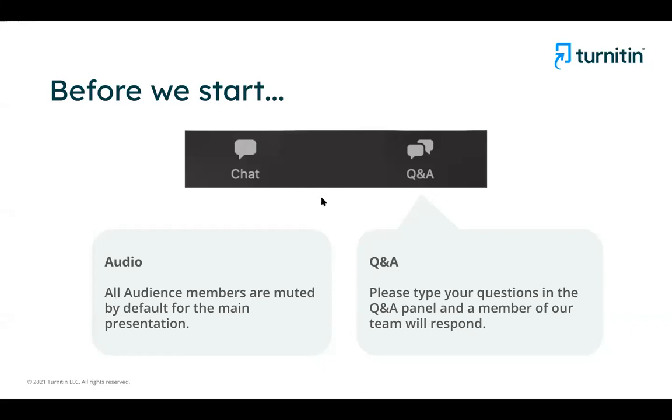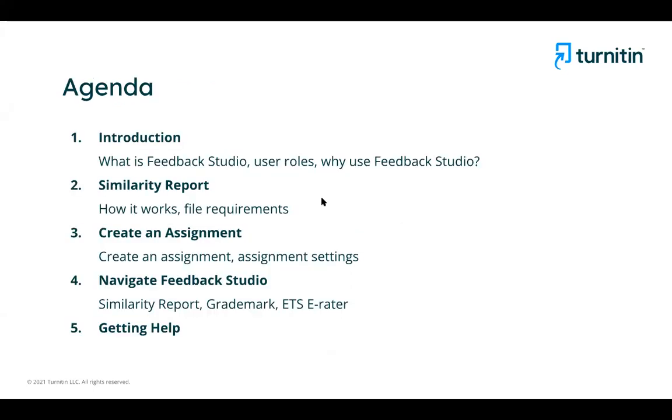All right, so moving forward, let's talk about our agenda. Our agenda for today has to do with Feedback Studio, why we use Feedback Studio, inclusive of the user roles. I will also be talking about the similarity report, how it works, and the file requirements for you to be able to generate one.